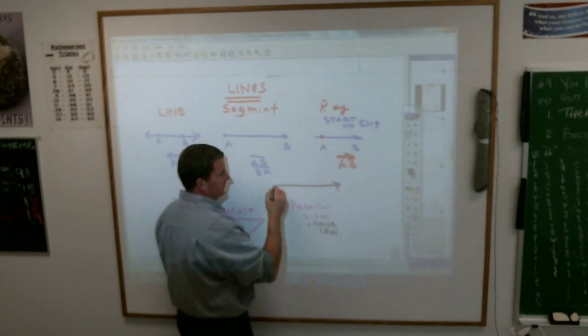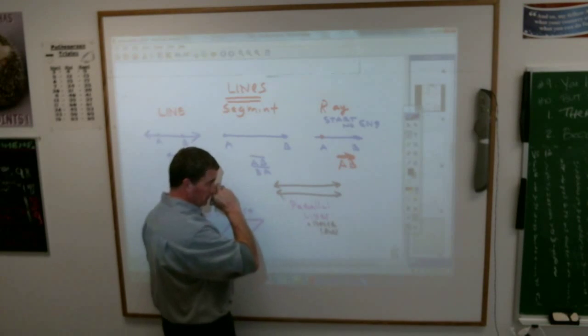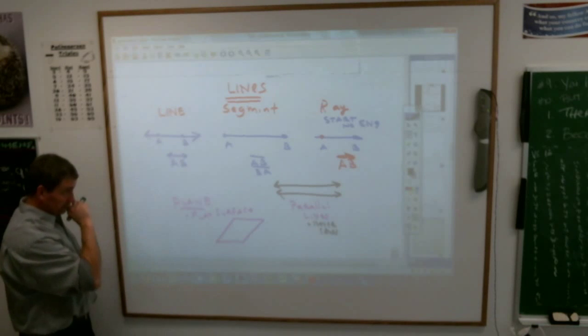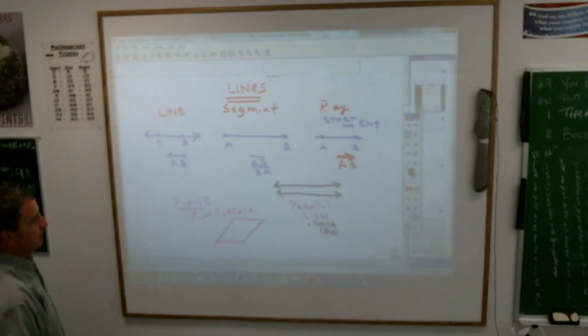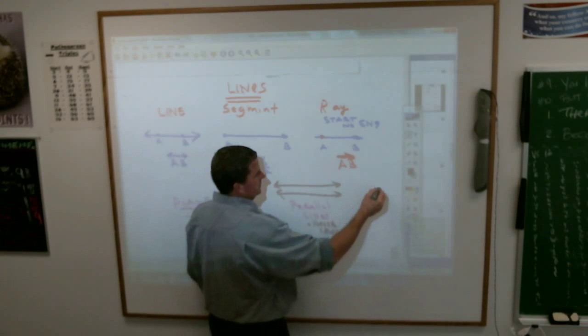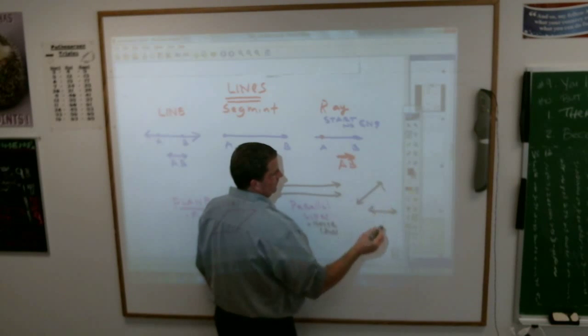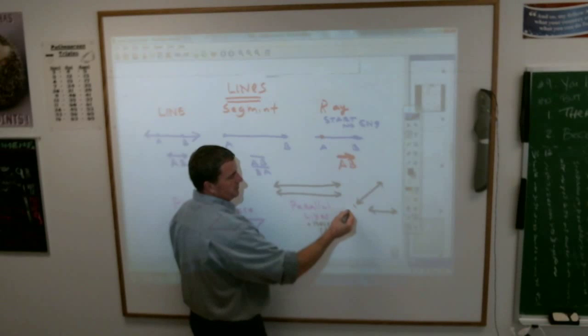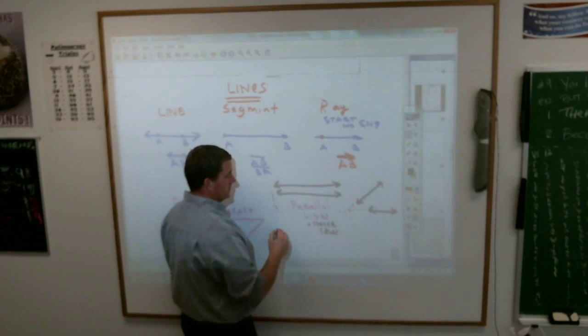So here would be an example of parallel lines. Those would be an example of parallel lines. Would these two lines be parallel? No, because a line actually goes on forever and these will cross if we continue to draw them on. So this is parallel.